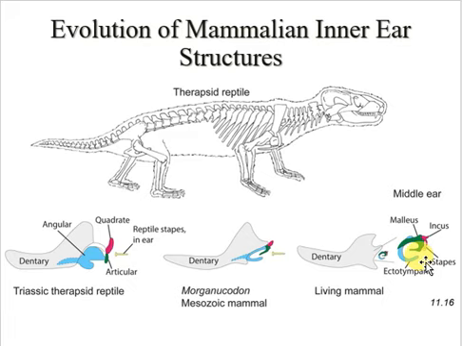So the incus is homologous to the quadrate bone. The malleus is homologous to the articular bone, and the stapes is homologous to the reptilian stapes, which is homologous to the hyomandibular bone. So essentially, the middle ear bones of the mammal are homologous to the posterior lower jaw of the reptile and to the gill arches of these early jawless fish.